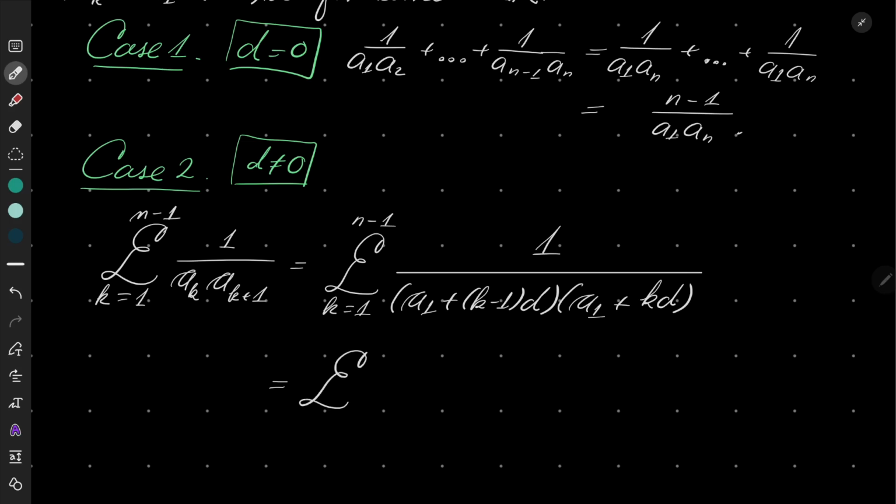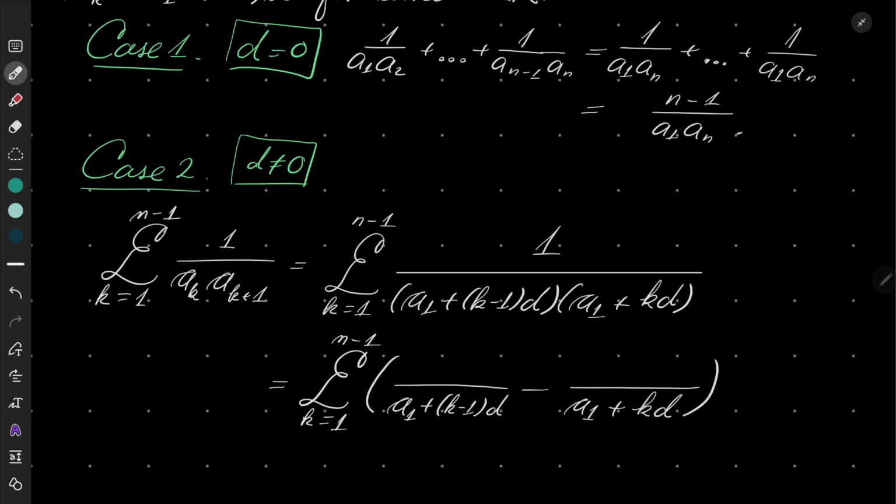Now in the denominator we have a product, and this entire fraction can be split into two fractions in the following manner. In the first denominator we will have this, in the second denominator we will have that. The only question is what's in the numerator.